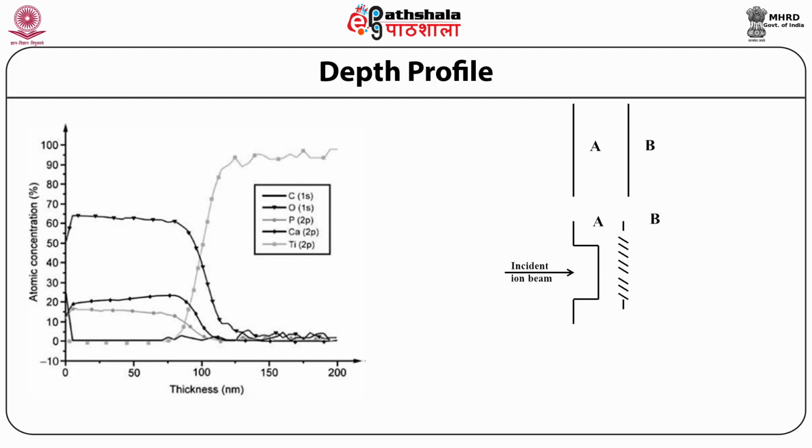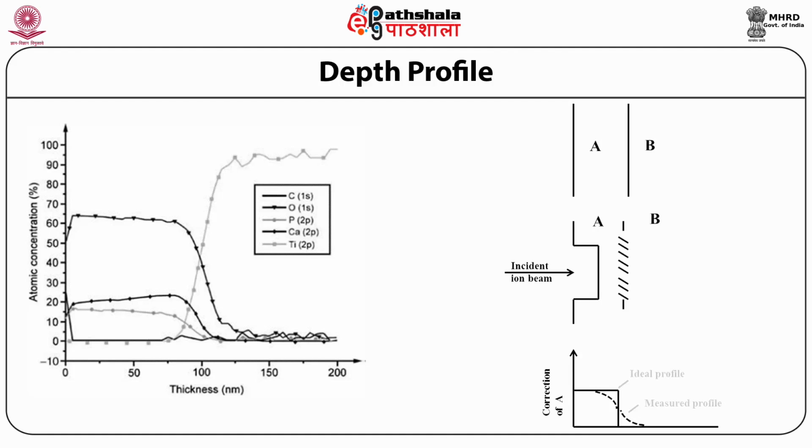The depth scale of the profile is based on the average etching rates. Thus, the measured concentration of elements with higher etching rates or higher sputter yield will be higher than the real concentration. Second, the incident ions can smear the interface in the depth profile.